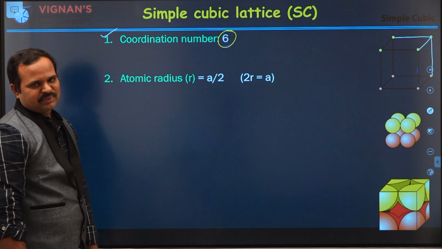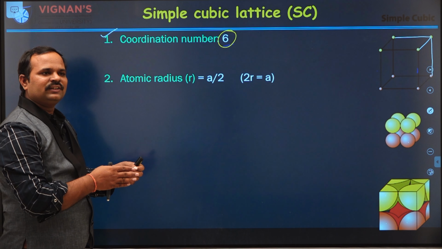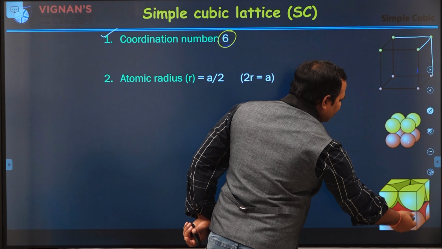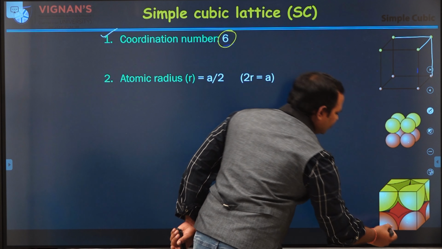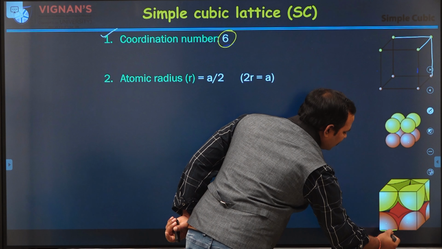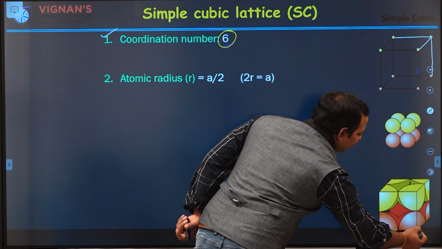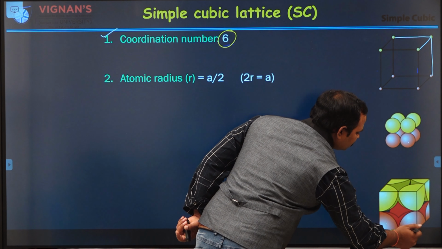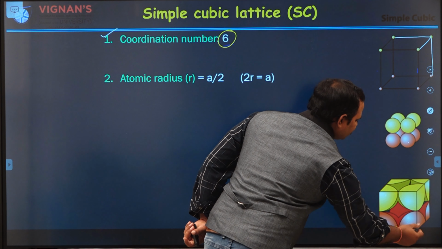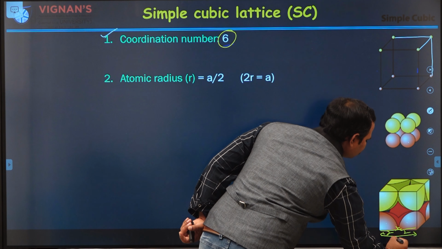The next one is atomic radius. We told you that we will find the atomic radius in terms of the lattice parameter. Here, this is the unit cell that we are talking about, and from the center the atomic radius is r, and in this atom, this is also the center of the atom. So from center to surface, this is also r. That means the total distance is 2r.